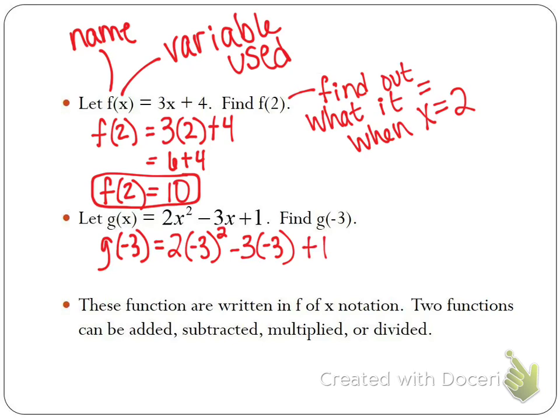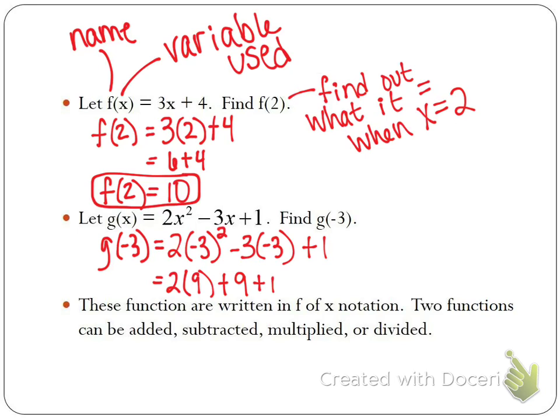When we do this, we have to be careful because that exponent of 2 belongs to what? The negative 3 only. And if we're doing order of operations, what do I do first? Multiply or exponent? Exponent. Exponent first. So this becomes 2 times what? 9. Okay, we've got negative 3 times negative 3. That becomes 9.